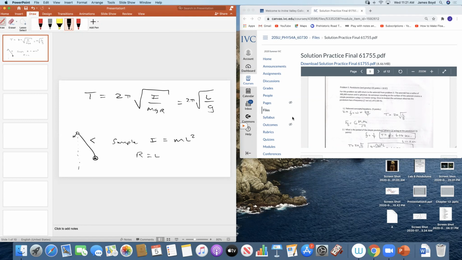So I know you probably can't see this, but this is problem 5 from the 61755 practice final, where there's an astronaut on an asteroid with a radius of 300,000 meters, asteroid spherical. He's on it, he creates a pendulum from a 1.5 meter string. And once in motion, he observes that it has a frequency of 0.165 hertz.